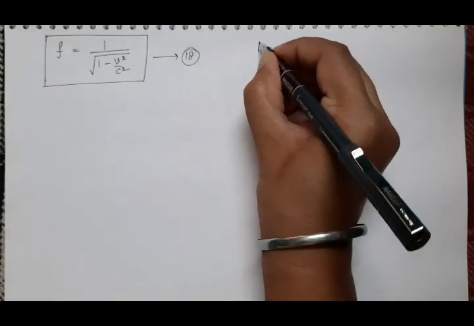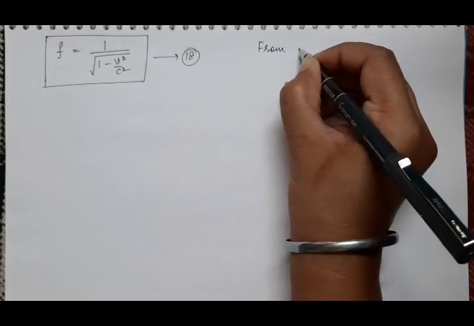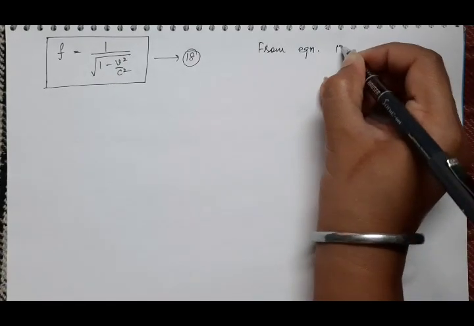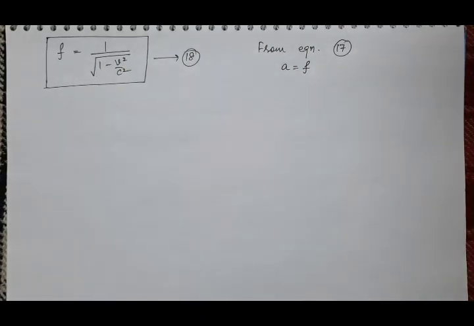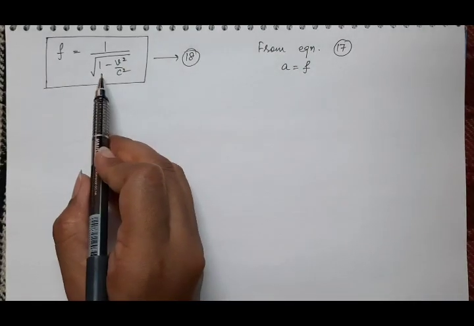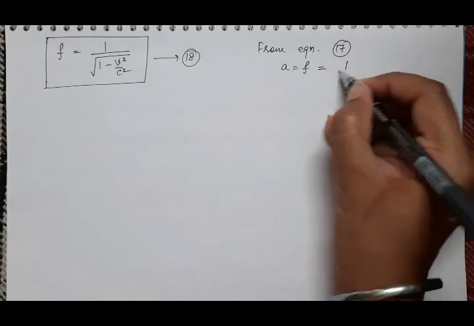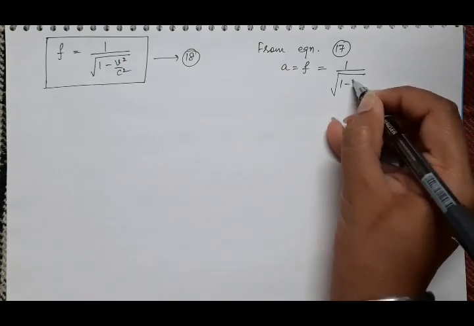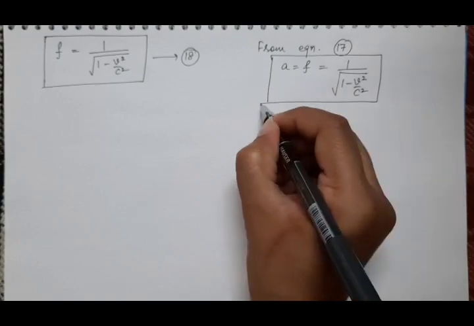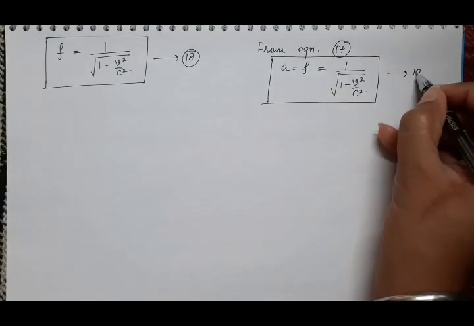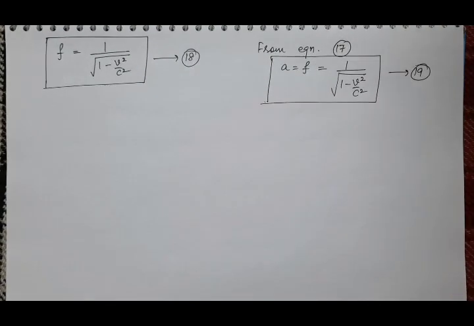Now from equation 17th we have A is equal to F, and F is equal to this. It means A is also equal to 1 by root 1 minus V square by C square. And suppose this is equation 19th.